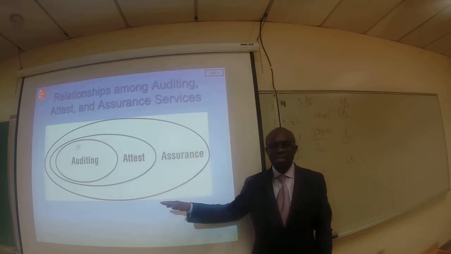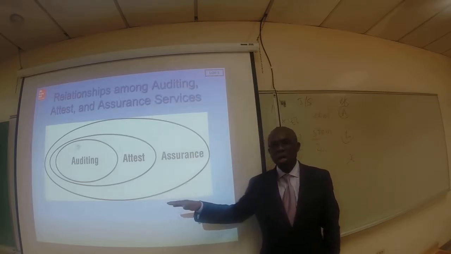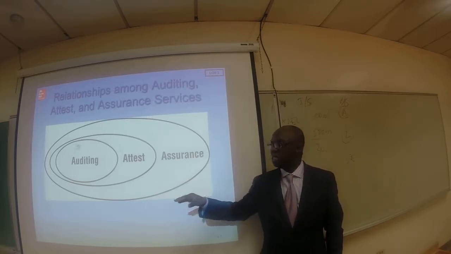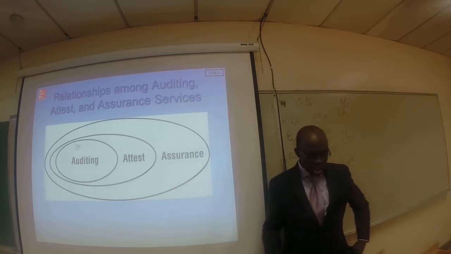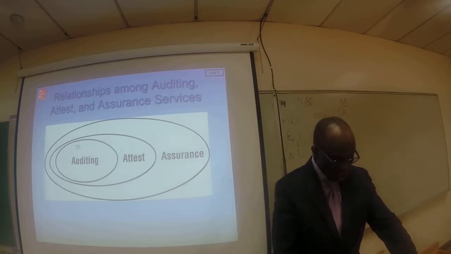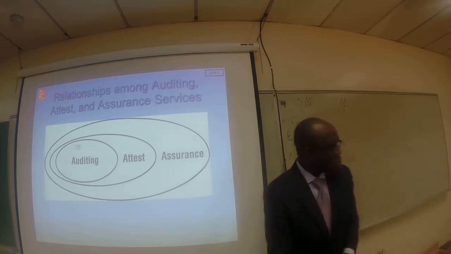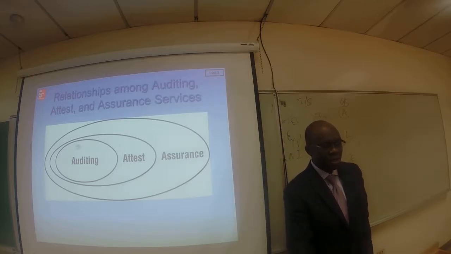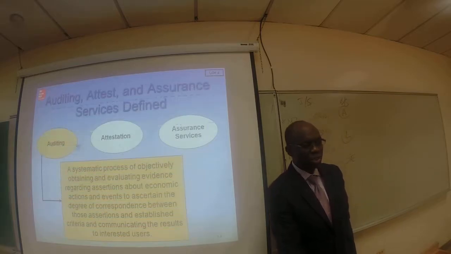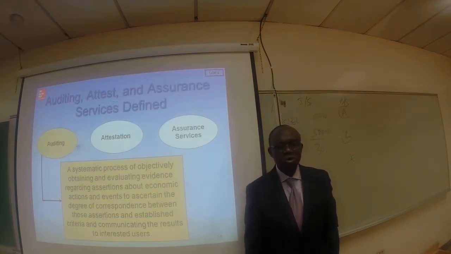In subsequent slides, we are going to talk in more detail about the definitions of auditing, attest, and assurance. So at this point in time, let's go ahead and cut off and start part 2 of this presentation from this point.